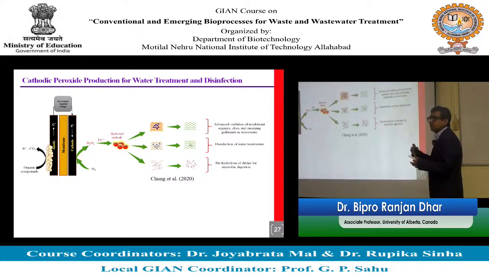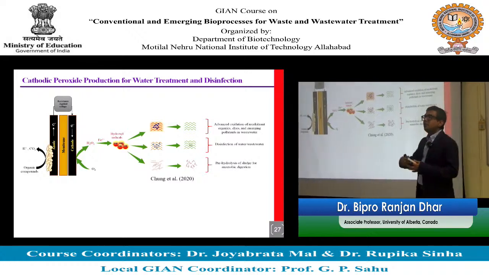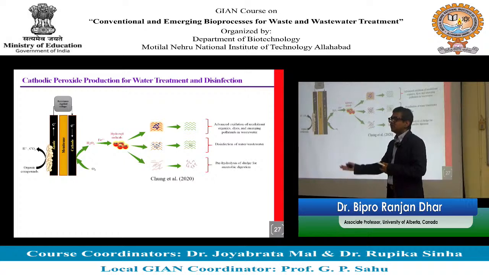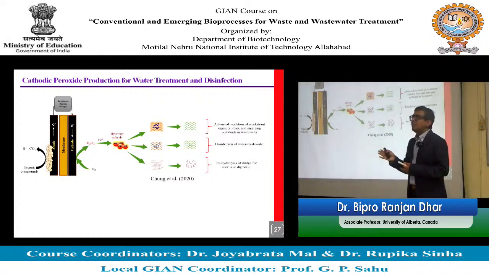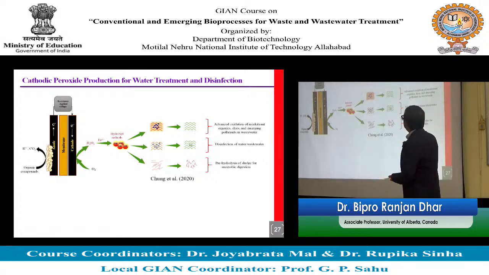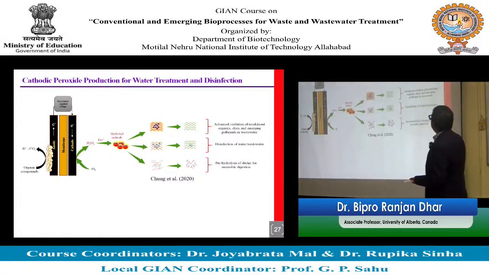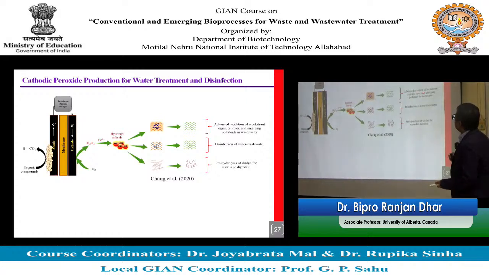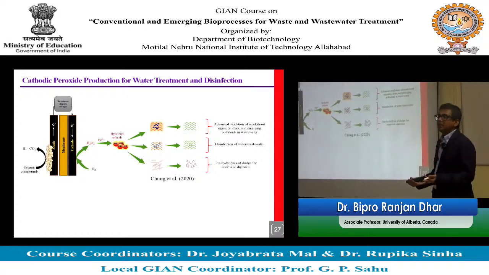You can use that for an advanced oxidation process, and I'm pretty sure some of you are familiar with advanced oxidation process. In wastewater treatment, if we have very recalcitrant compounds that cannot be degraded biologically, we can use Fenton reagent or hydroxyl radical to degrade them.